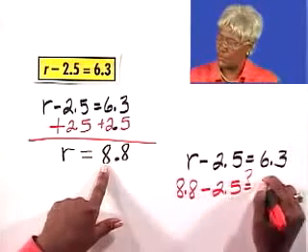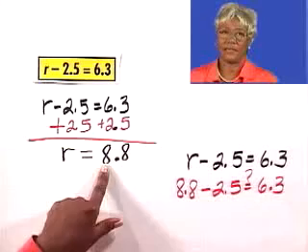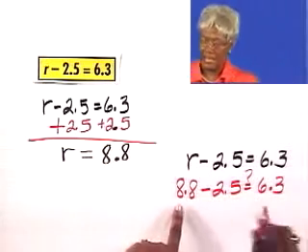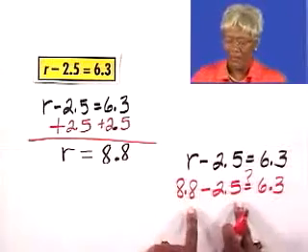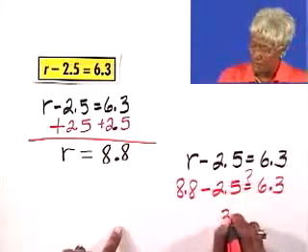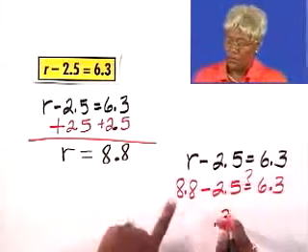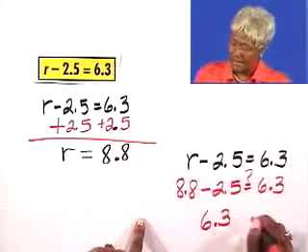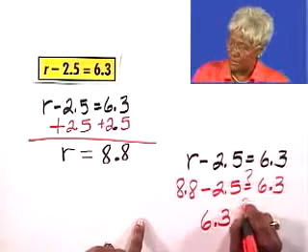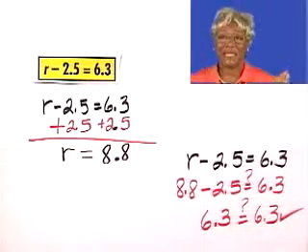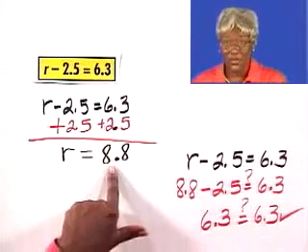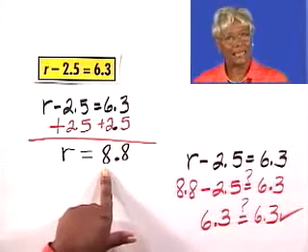Is that equal to 6 3/10? Since we're subtracting and they're both tenths, I can do that mentally. 5 from 8 is 3. 2 from 8 is 6. Does 6 3/10 equal 6 3/10? It does. So the solution is 8 8/10.